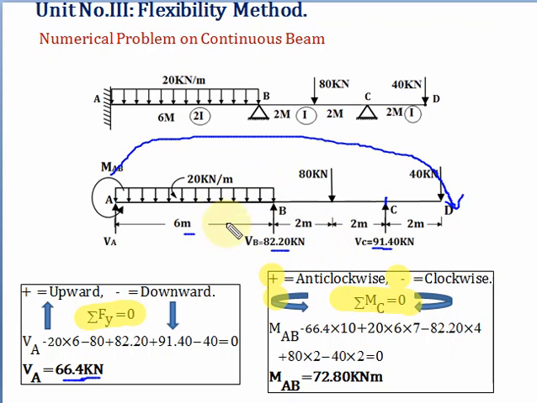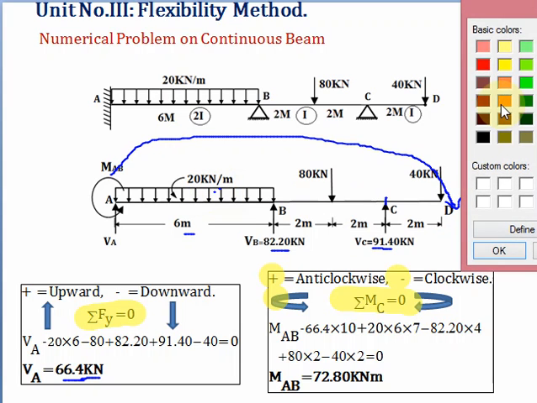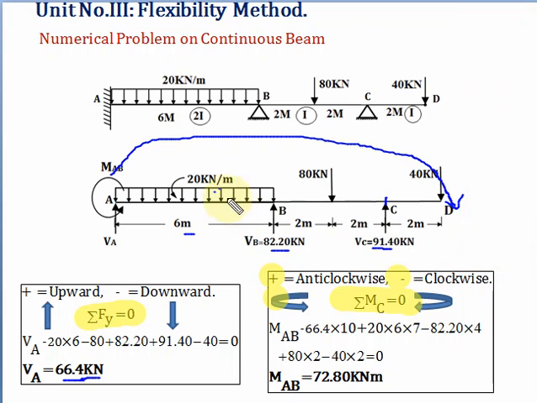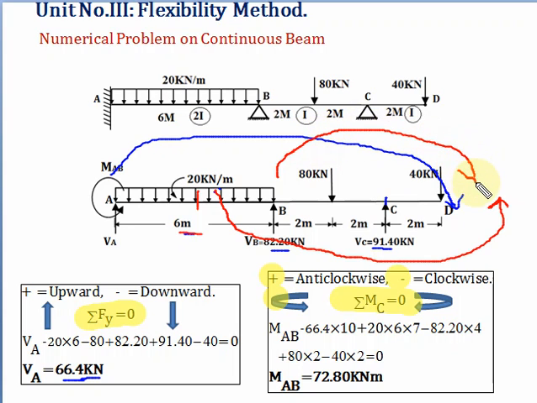Plus this UDL, which will act in anti-clockwise direction, so plus 20, the length is 6 and the distance from the center is 3 plus 4, that is 7. Next, the vertical reaction at B will act in clockwise direction, so minus 82.4 and the distance is 4.